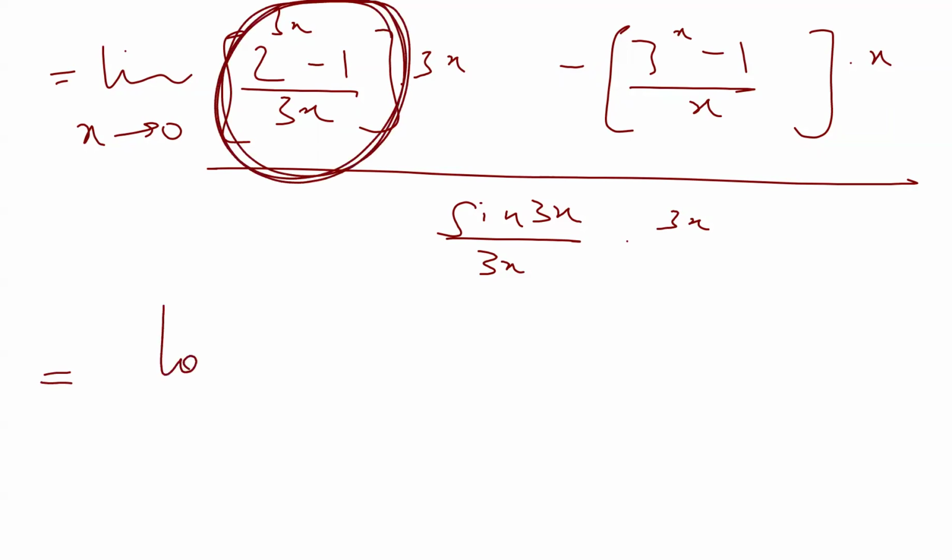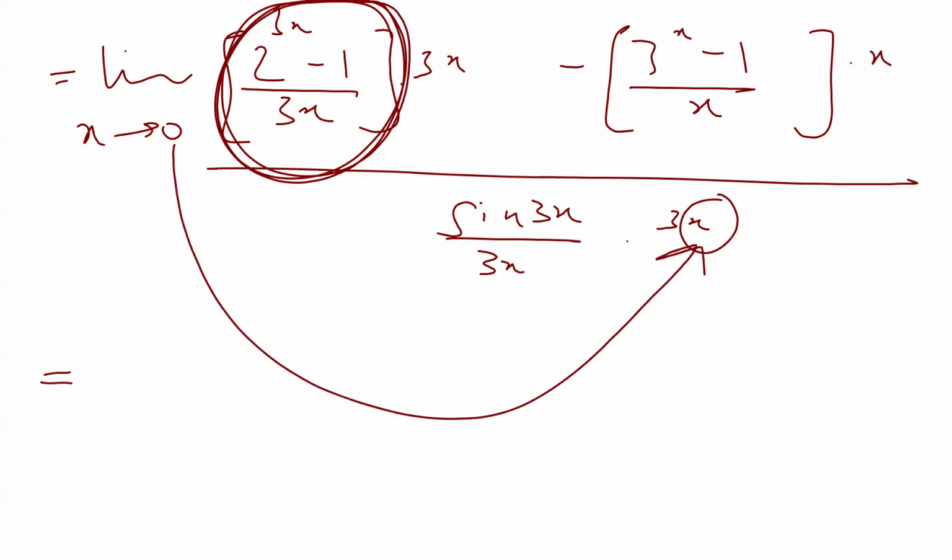This is log 2. Okay, sorry, no application of formula because this x is remaining. We'll have to cancel out this x. Otherwise, if this x is 0, it will be undefined.